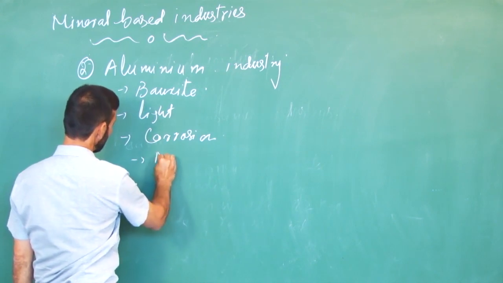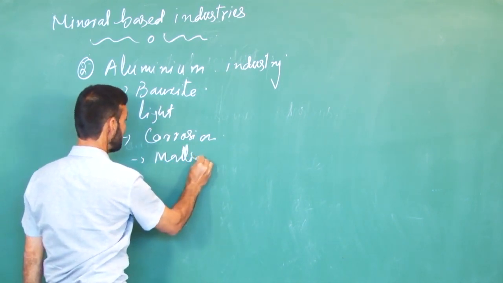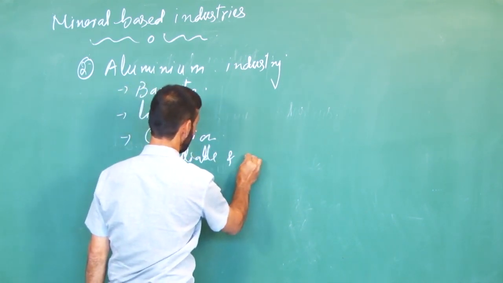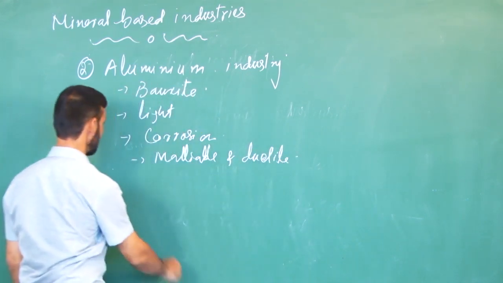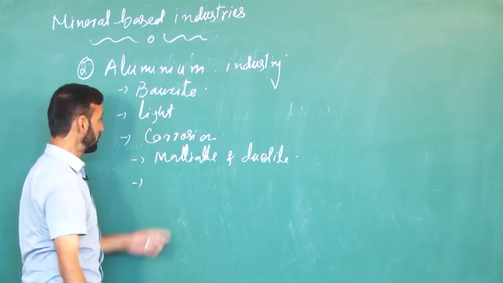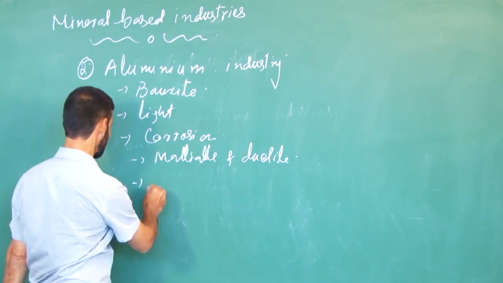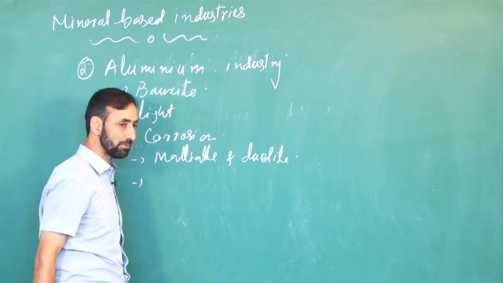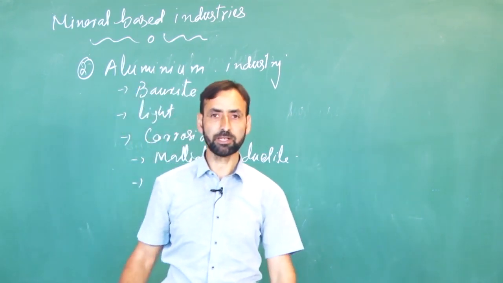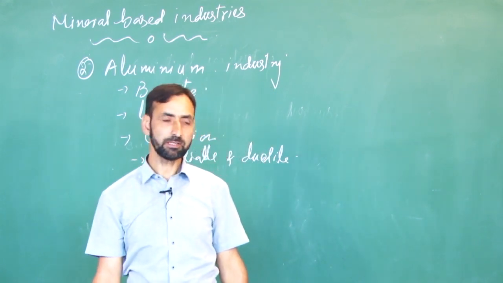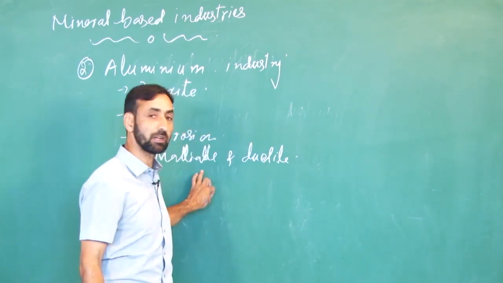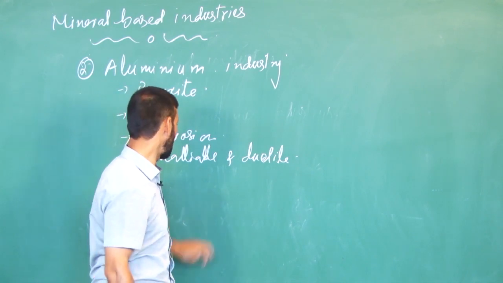It is malleable and ductile. And aluminum is good conductor of electricity, because it has much more importance. It is used in the electricity transmission lines. It is sometimes used for the manufacturing of the utensils and aircrafts.